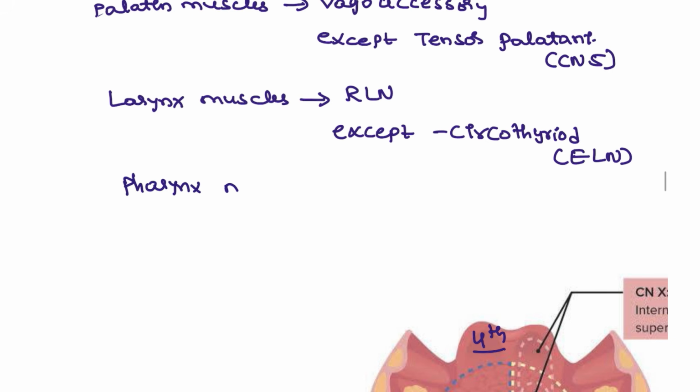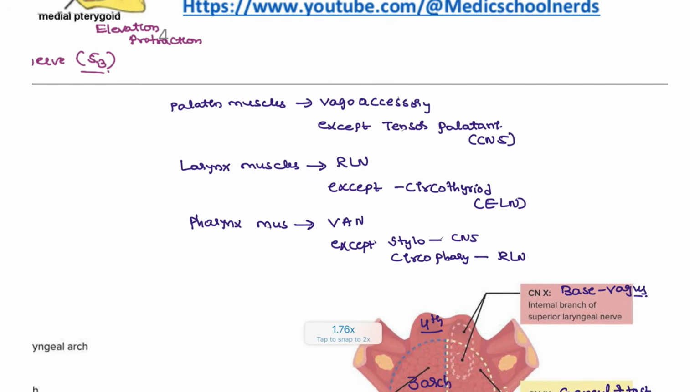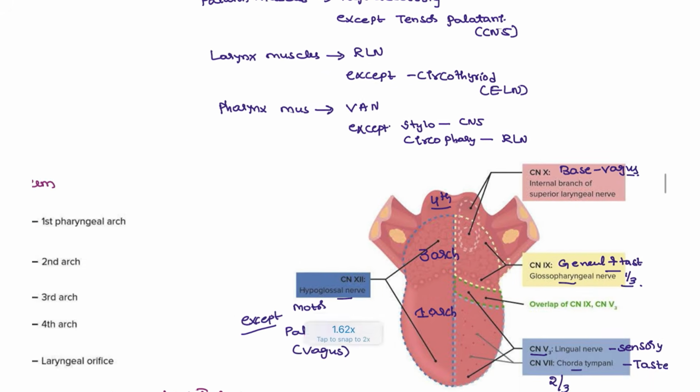So in the pharynx also, all the muscles are most commonly supplied by the vago-accessory nerve, except the stylopharyngeus and also the cricopharyngeus. Cricopharyngeus is supplied by the recurrent laryngeal nerve. Stylopharyngeus is supplied by the glossopharyngeal nerve. Okay, these are the important muscles and their exceptions.